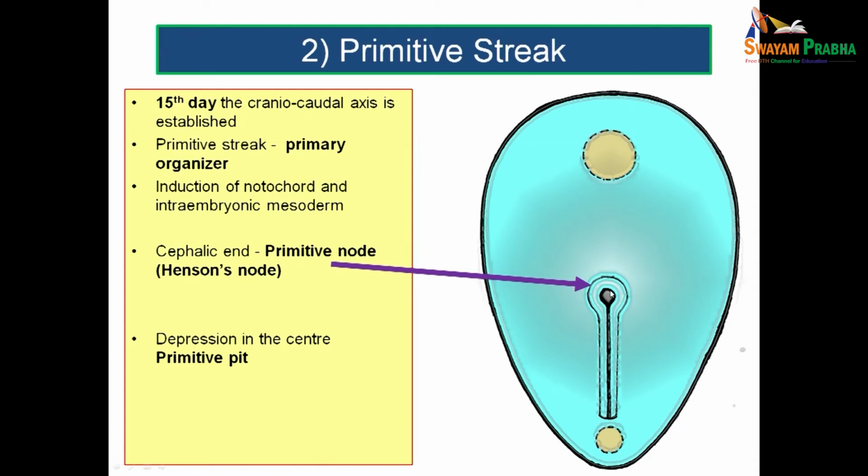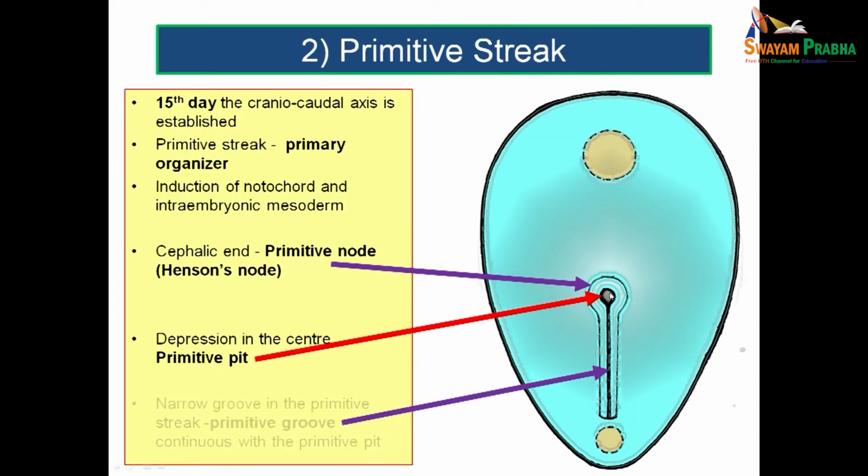So, at the cephalic end of the primitive streak, you get an elevation that is known as the Hensen's node or primitive node, and in the middle of the Hensen's node, you have a depression that is known as the primitive pit. Now, towards the caudal end of the disc, you can see a narrow groove in the primitive streak.